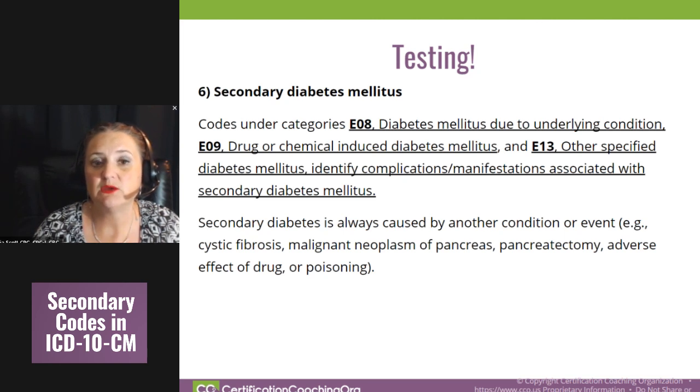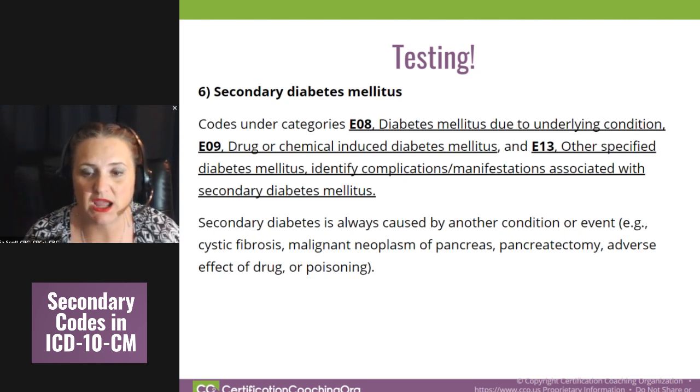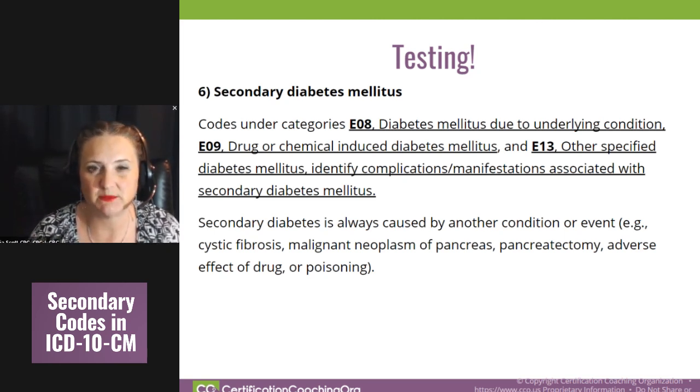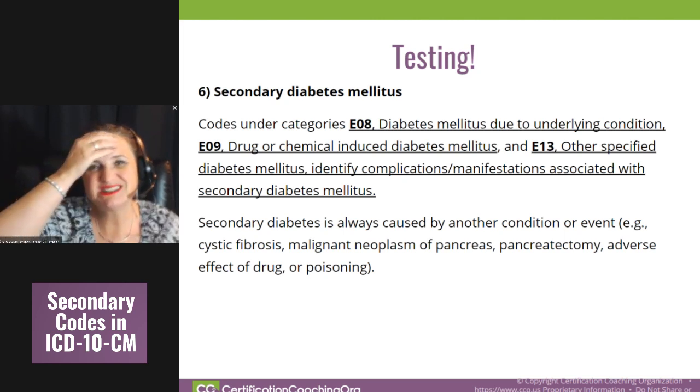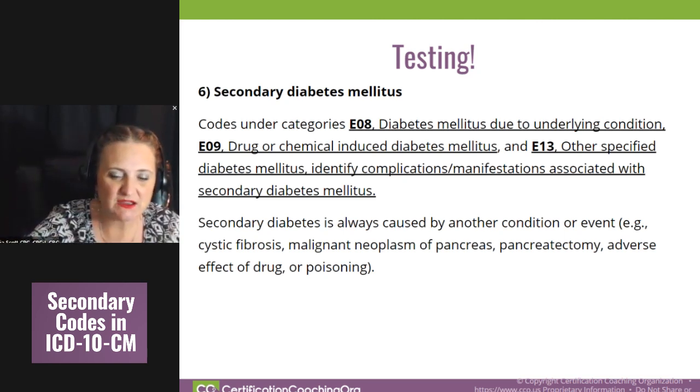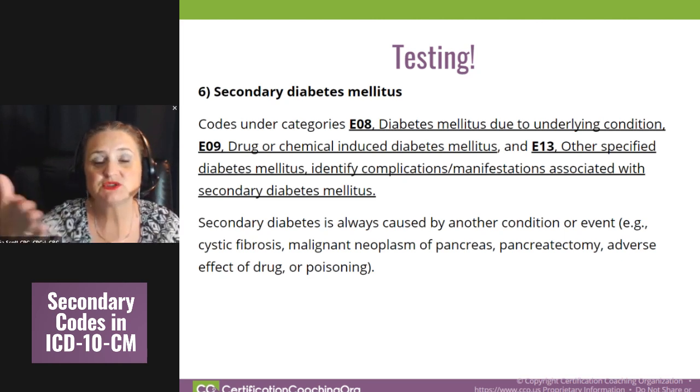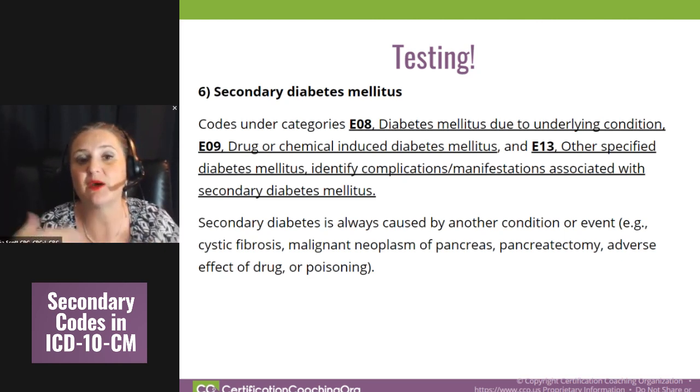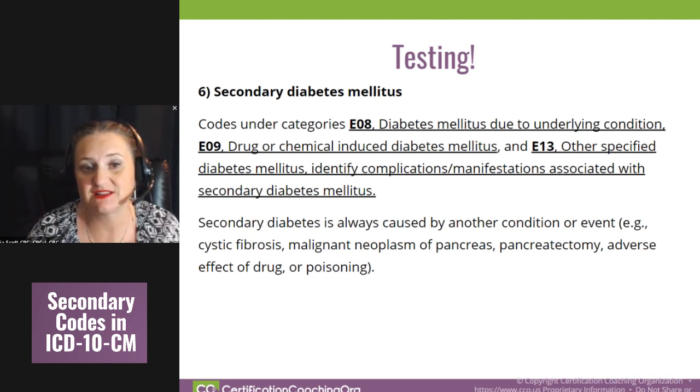So E11 is type 2 diabetes. E10 is type 1 diabetes. Okay. And we know the guideline says we have to do type 2, but they're going to put in E13. Why? Because it's other diabetes. And so you're going to think, well, they didn't say if it was type 1 or type 2, so it must be other, right? So that would be a classic new coder mistake that doesn't understand the guideline.